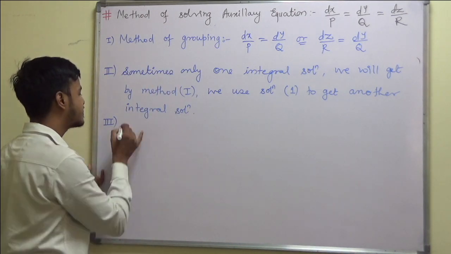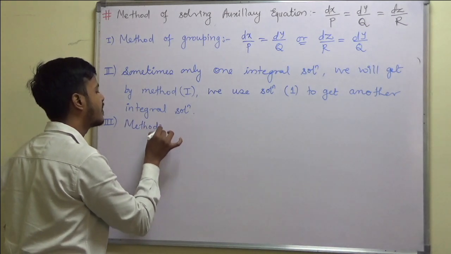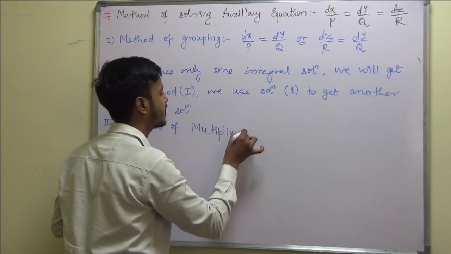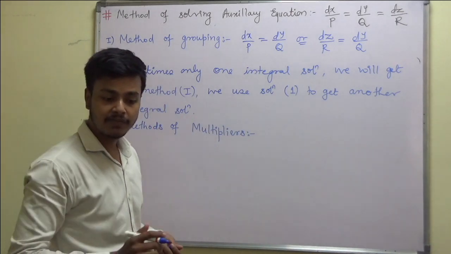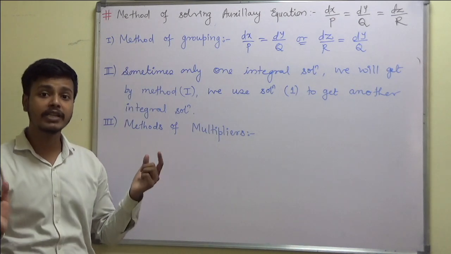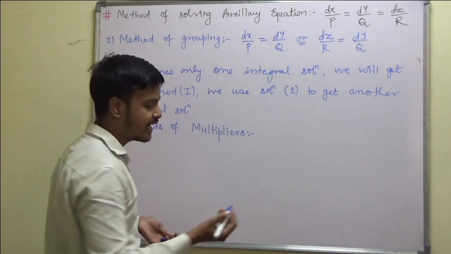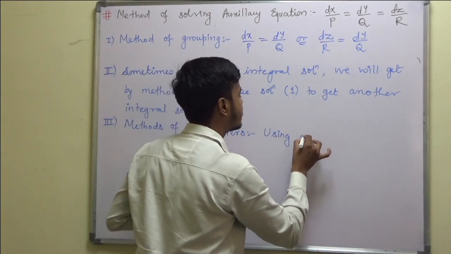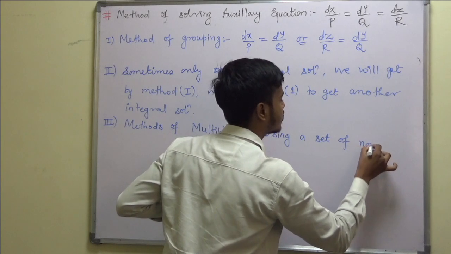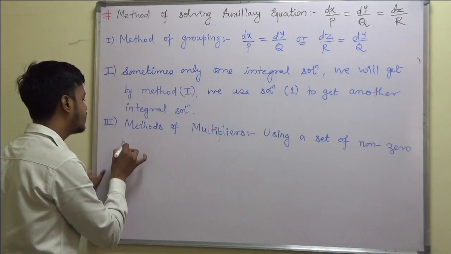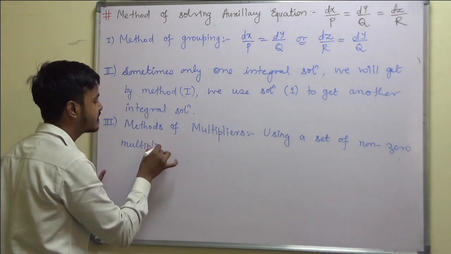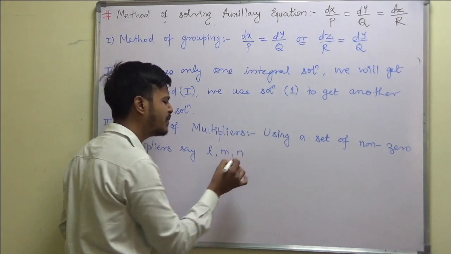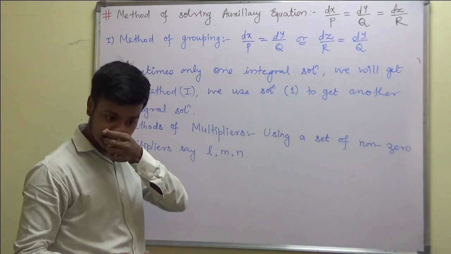The third method is the method of multipliers. In this method we look for a set of non-zero multipliers, say L, M, N. It may be anything; you can take A, B, C or L, M, N, depending on you.